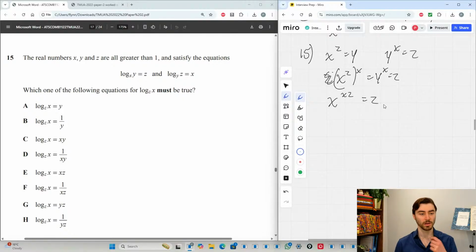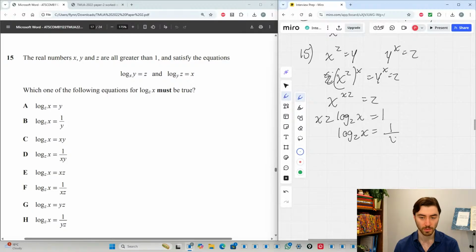So let's take log base z of both sides. So xz log z of x equals 1. Log z of x equals 1 over xz, which is f. Boom, not bad.